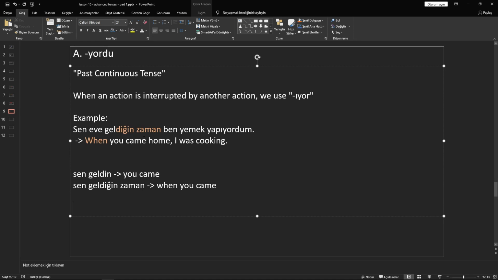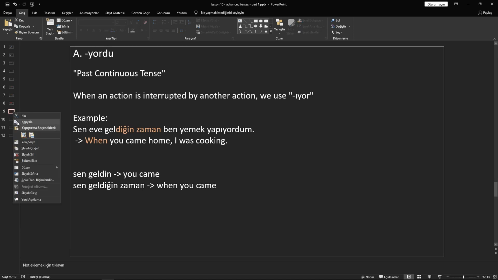It is a connector of two actions, two sentences. Yes, Matthew, I will get there. And like, I knew, that's the first thing, and you were coming. I knew that you were coming. So if there's a connection of two events, you combine them, you connect them with geldiğin zaman.